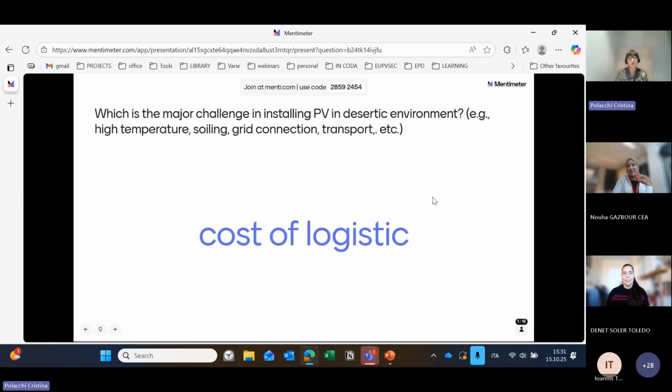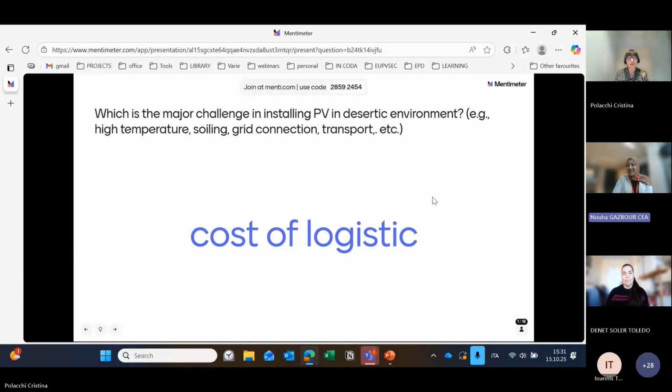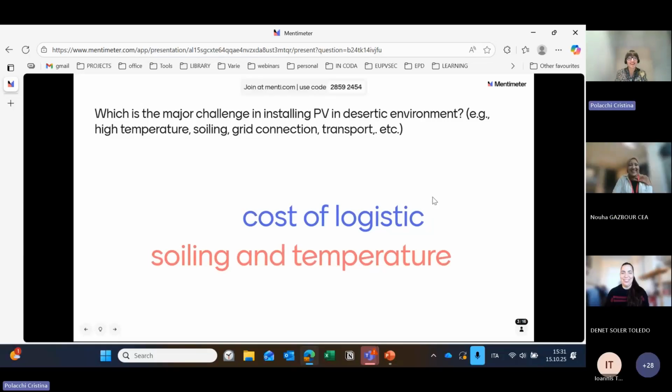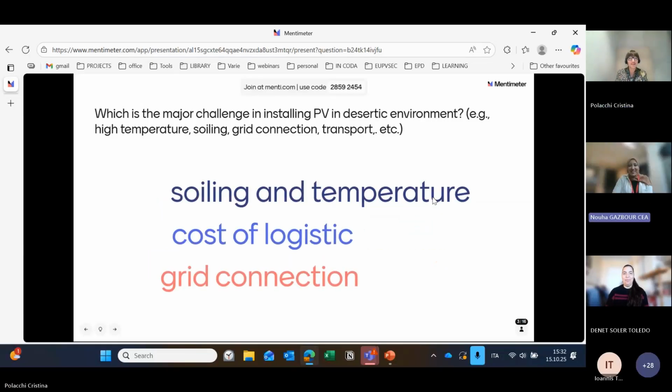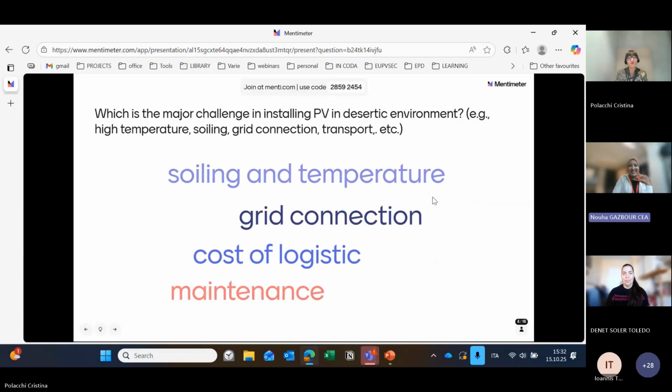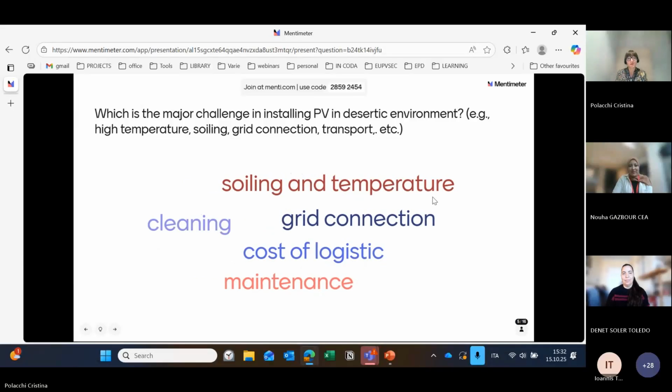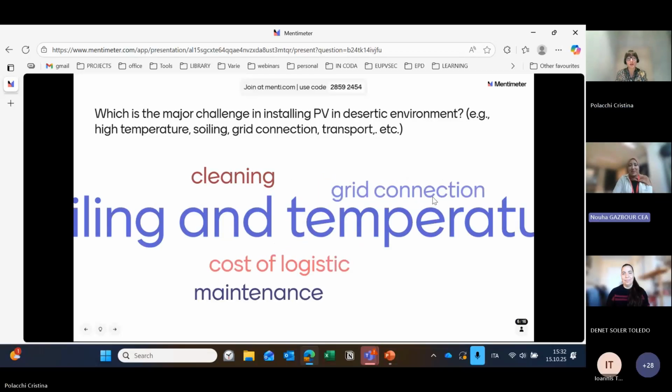Feel free to use your imagination. Cost of logistics. Denet will answer the question, I guess, in her presentation. Soiling and temperature. Grid connection. Cleaning as well, it's important, I think.